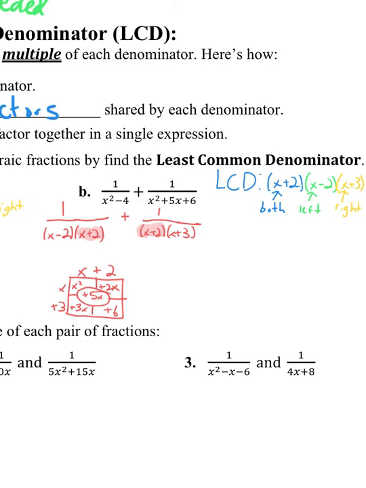And now, because I have the x plus 2 on both sides, the nice thing is I don't need to multiply both sides by that. But what I do need to multiply the left side by is that x plus 3. And then the right side is going to need to be multiplied by the x minus 2.